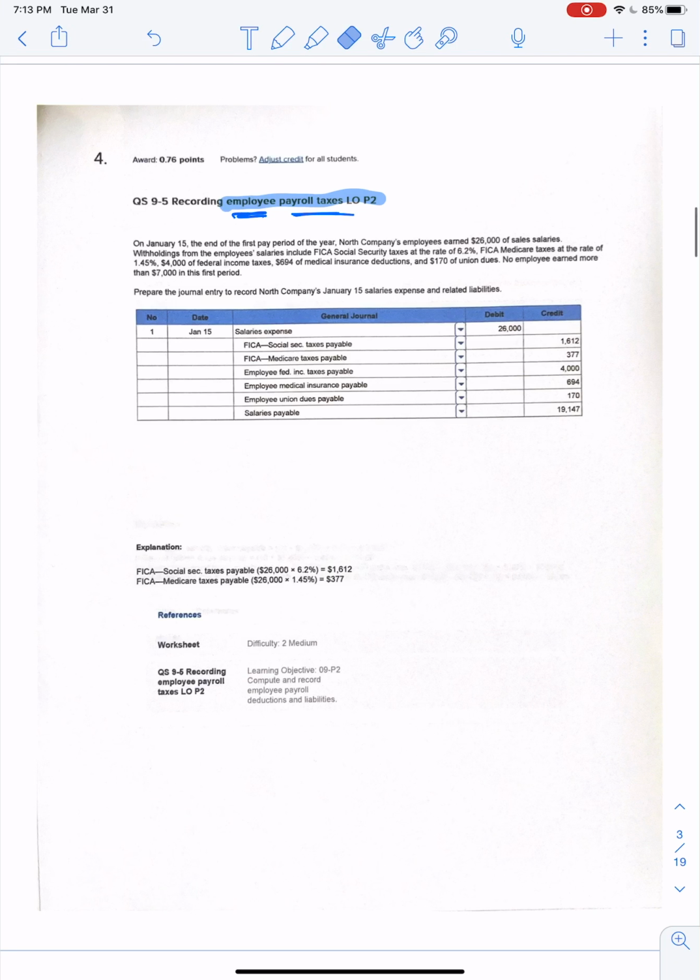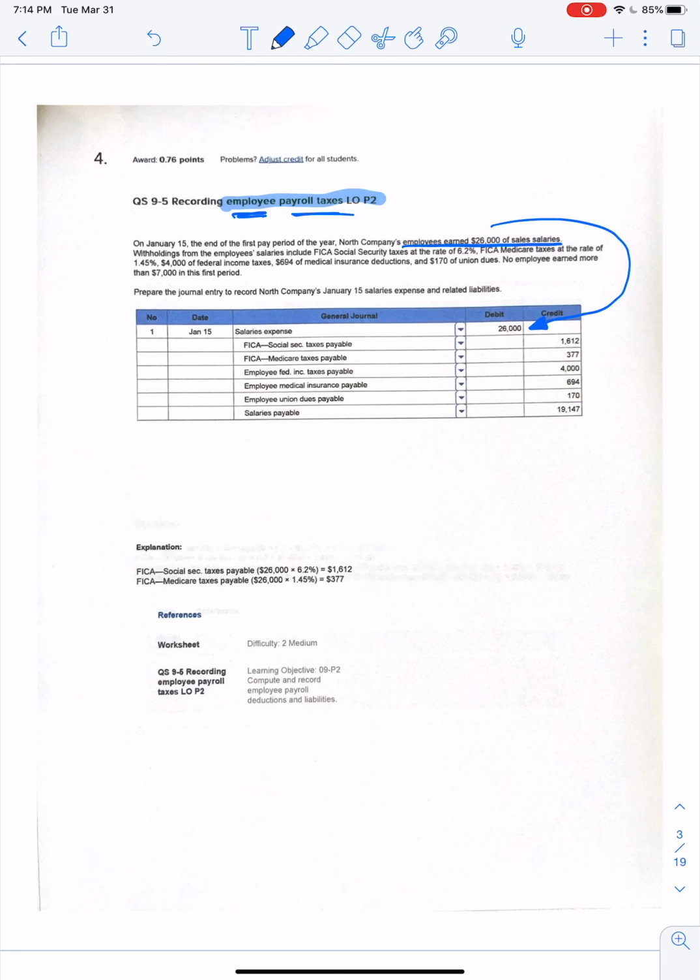Okay. So in this case, what we're told is that on January 15th, the end of the first pay period of the new year, North Company's employees earned $26,000 of sales salaries. Well, right away, that tells me my debit to salaries expense is $26,000.